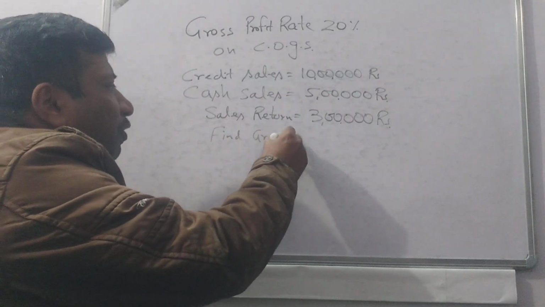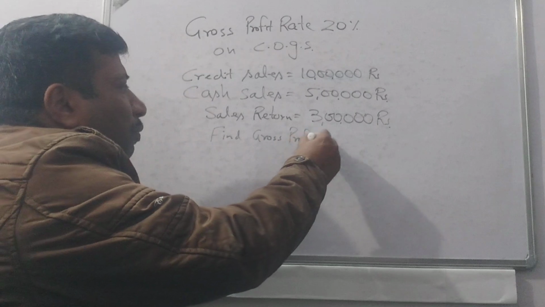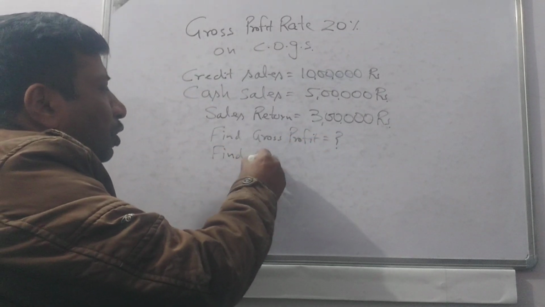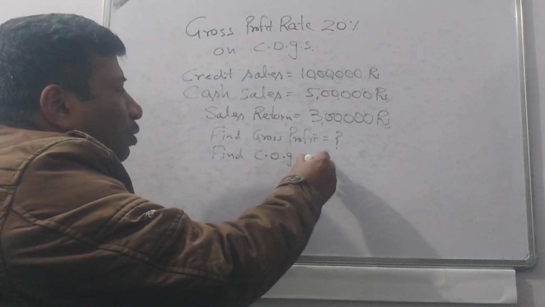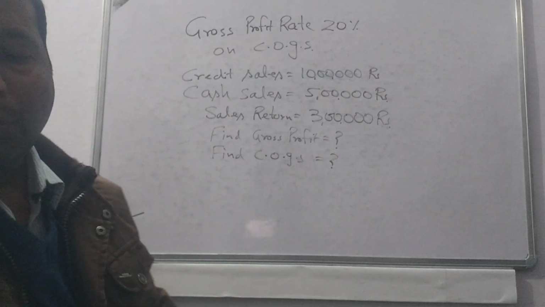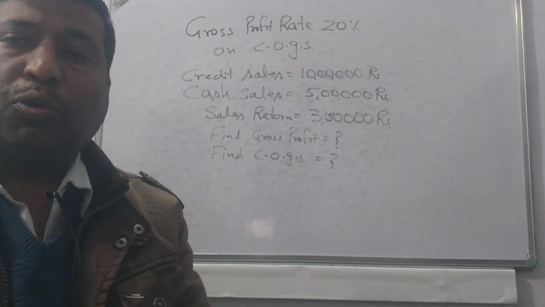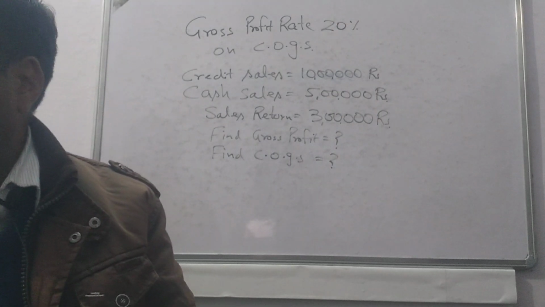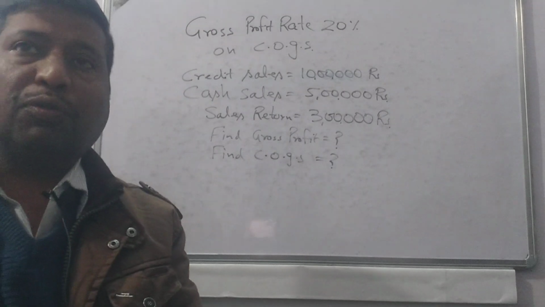As well, they are asking to find COGS, cost of goods sold. So you need to calculate two things: first, gross profit, and second, COGS.